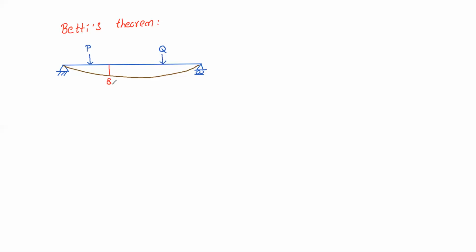Delta at M, let us assume this is delta at N, and here delta at O. That means I'll take another system.